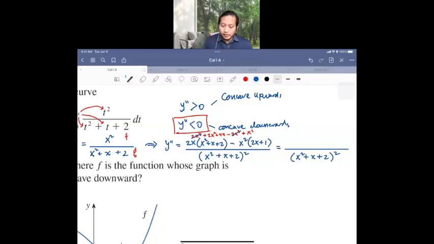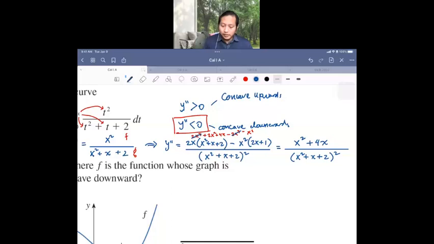So we have, oh, it should be minus. Minus, so x squared, we have x squared plus 4x. Yeah, this will be our result.